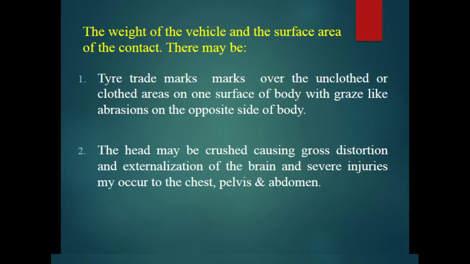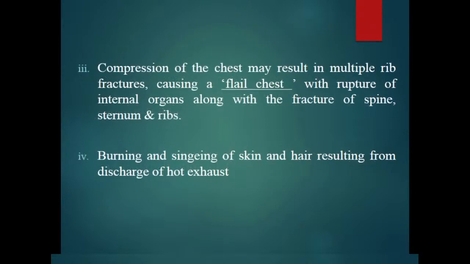These are particles of dirt, mud, different deposits from the tire, which are seen as in case of soiling of the particular surface. As a result of run over, we might see specific injuries like degloving, separation of the skin, and accumulation of blood and tissue debris within these pockets of separated skin.